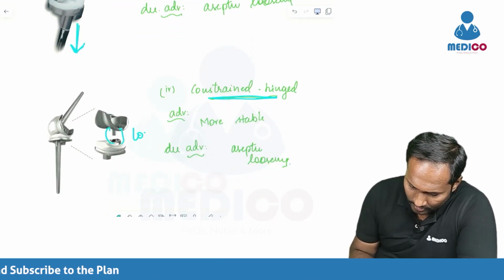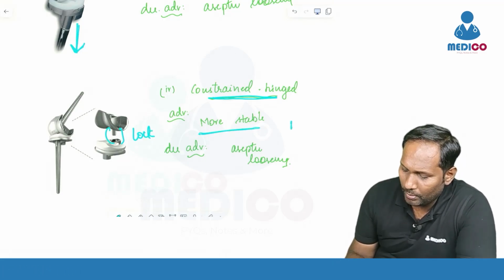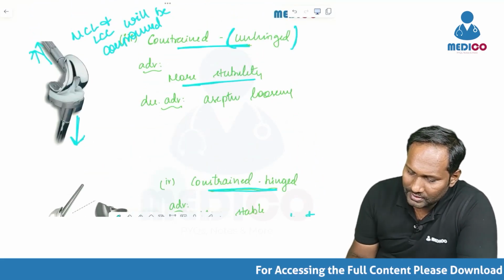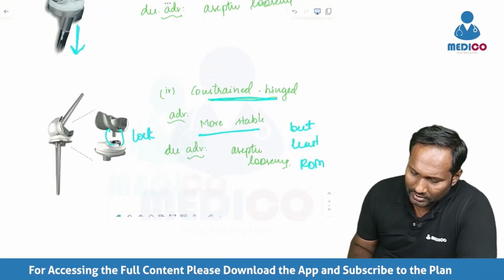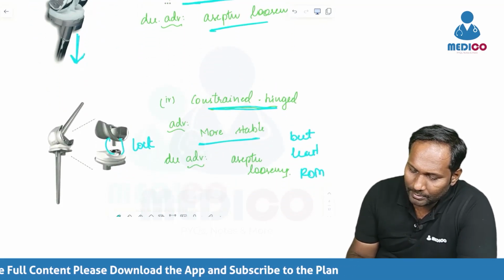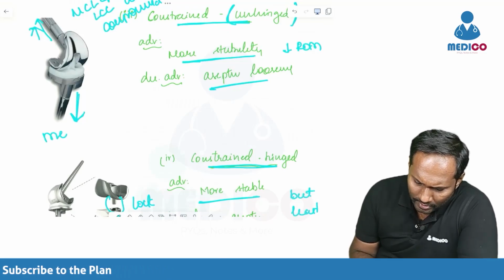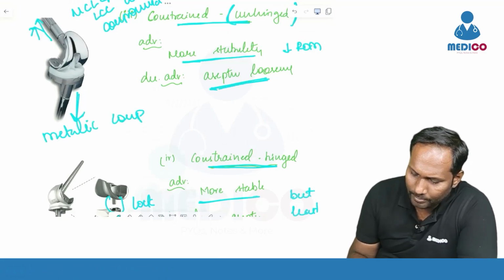The hinge is the lock here. This is the most stable one, but has the least ROM. Here we are compromising ROM for stability. The most common disadvantage with both of them is aseptic loosening, because since more metallic components are there, there is a high chance of aseptic loosening.